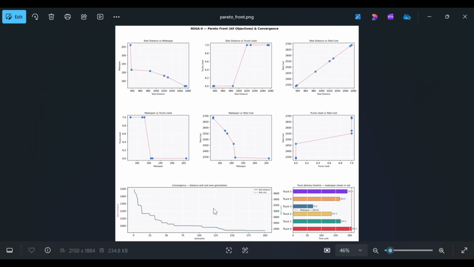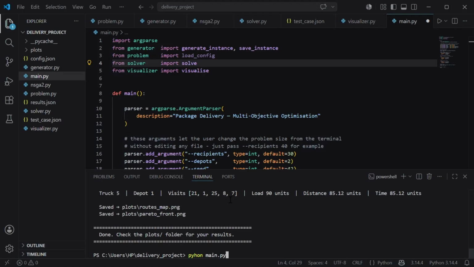The bar starts at 0 and ends when the truck goes back. The red dotted line is the makespan, the moment when the last truck finishes. Any truck whose bar ends before that line was already back at the depot waiting.